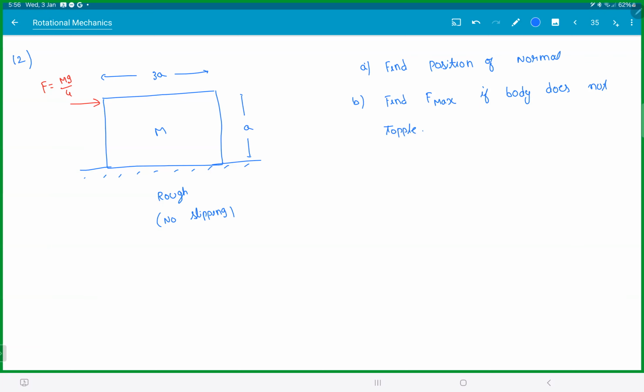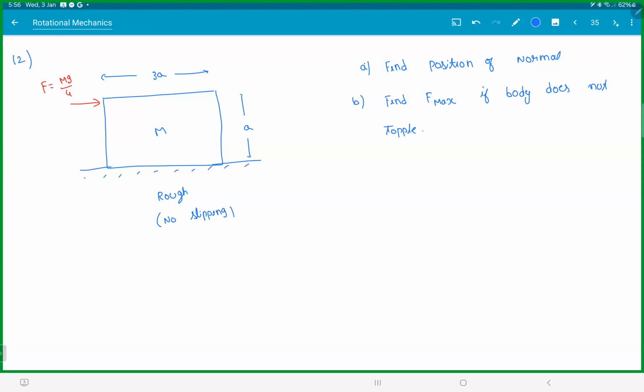Tell me one thing. How do you know whether this problem is regular loss of motion or toppling? When you see a question, how do you figure out, I have to do toppling? No, I should not do toppling. I should do a regular problem. Can someone tell me? Right, Anika. Anyone else? What do you guys think? Think about it.